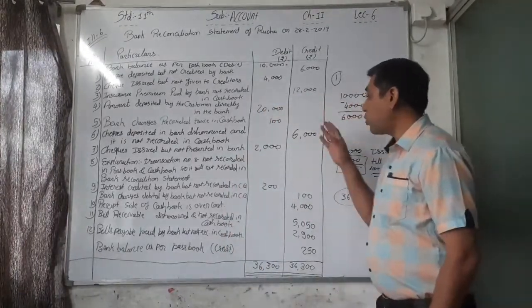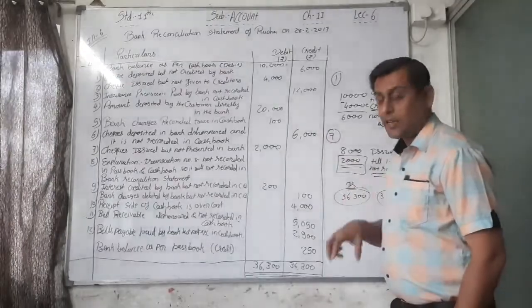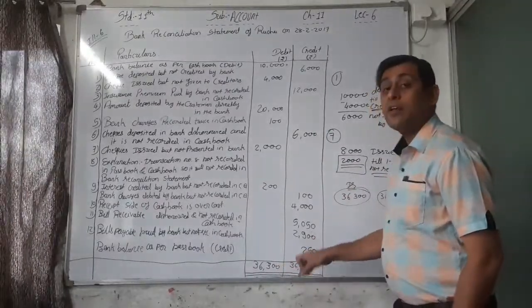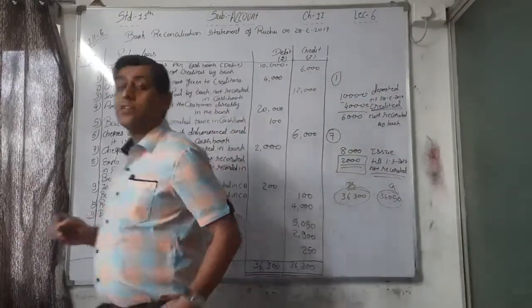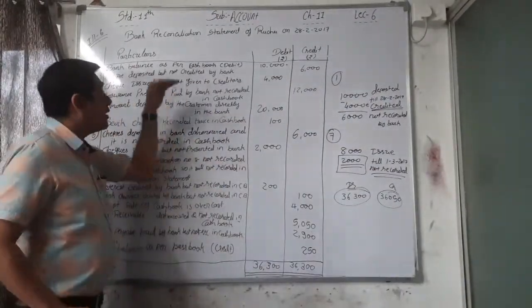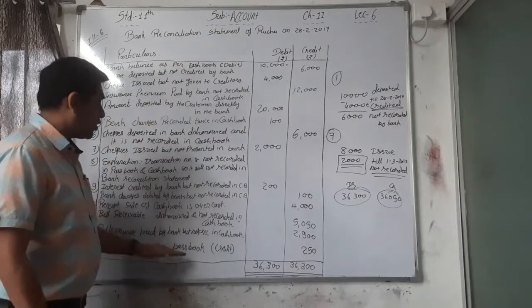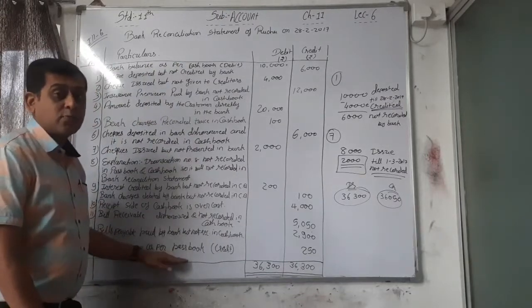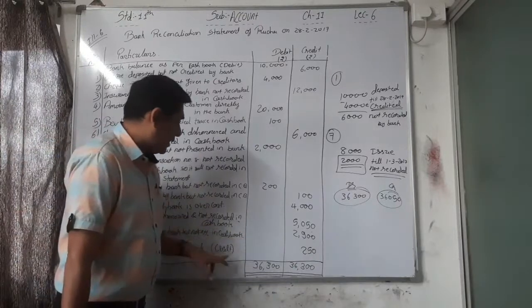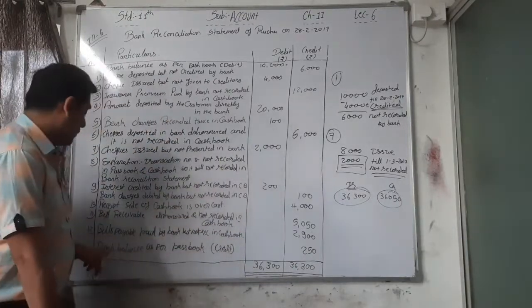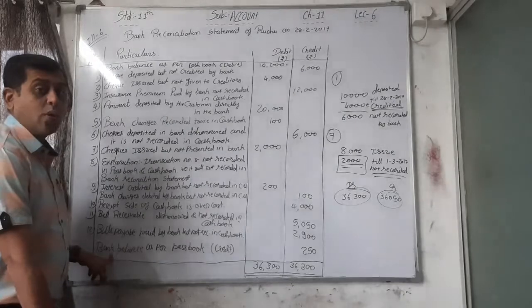Whichever side total is higher, write down both sides and find the difference on the opposite side. Since the starting point is as per cash book, the ending point is as per passbook. If the difference is on the debit side, then write down debit, and here write bank overdraft.